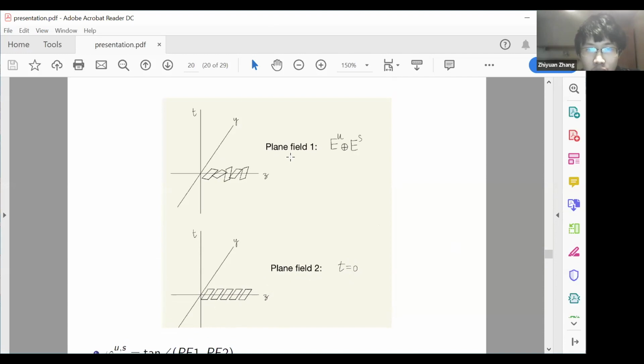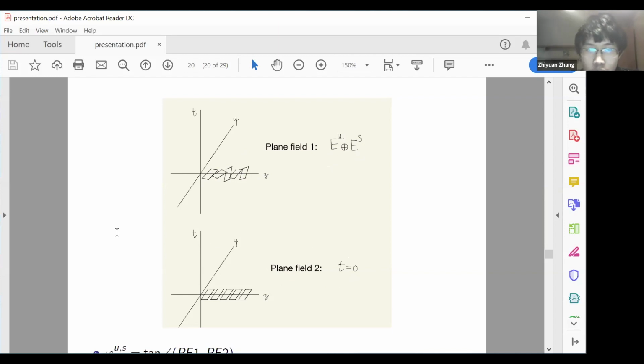There's another plane field defined by the dynamics. It's E^U plus E^S. So on each point, you consider E^U plus E^S, and it is of dimension 2, a plane field. So you see, this thing is not smooth, but it is invariant under the flow. This thing is smooth, but it is not invariant under the flow. It will twist from chart to chart.